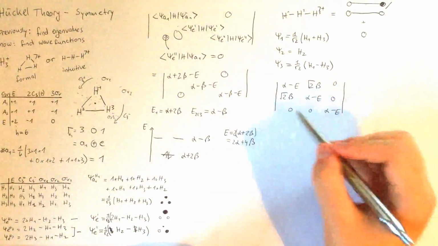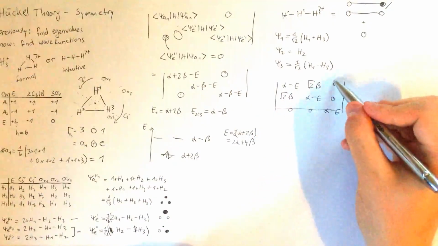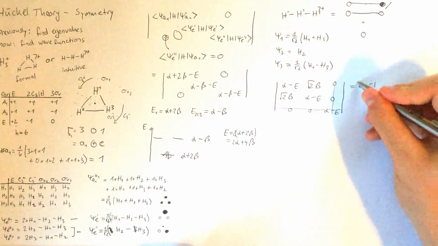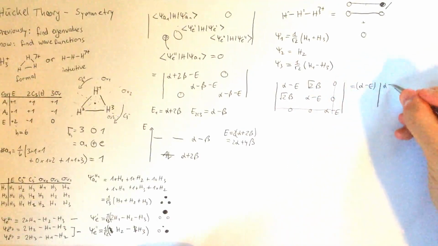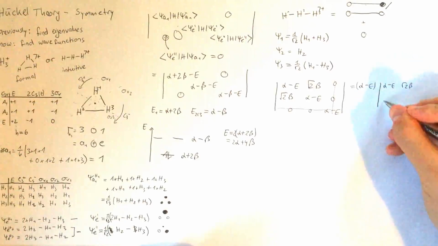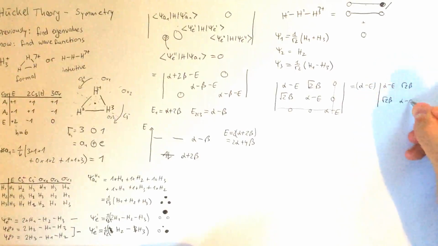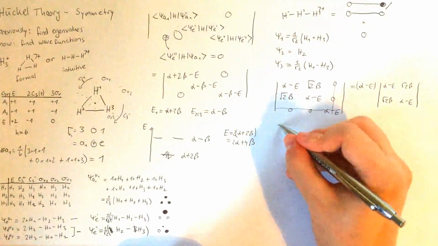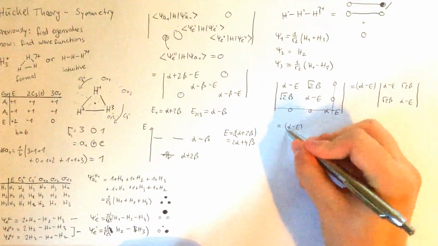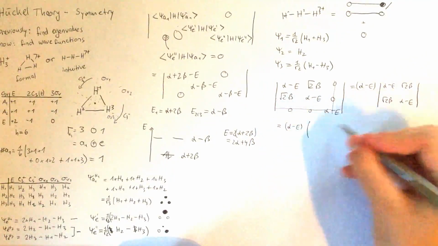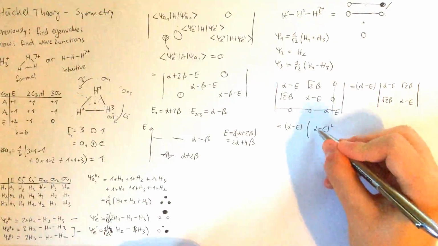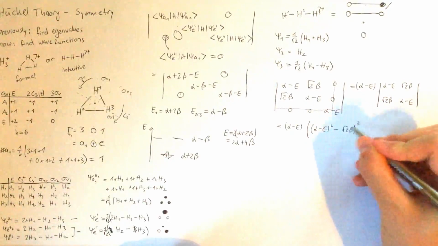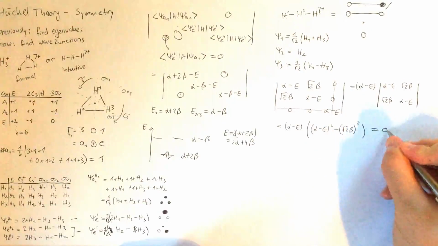Because of the zeros over here, we can immediately expand across here, which gives alpha minus E, and then the 2 by 2 determinant, which we can now immediately expand in the usual way to give us alpha minus E, and then alpha minus E squared minus root 2 beta squared. And all of this is equal to 0.